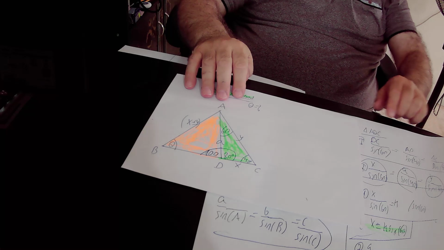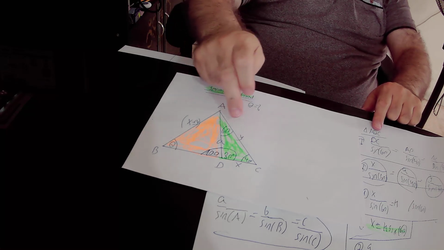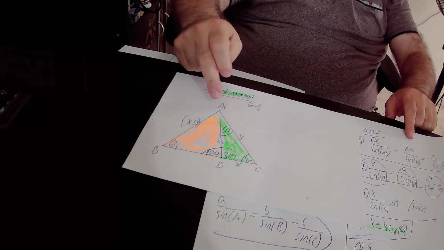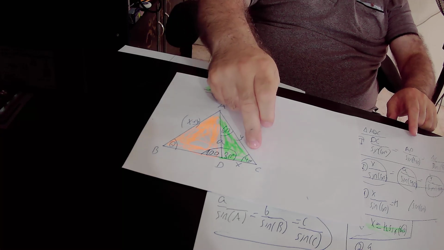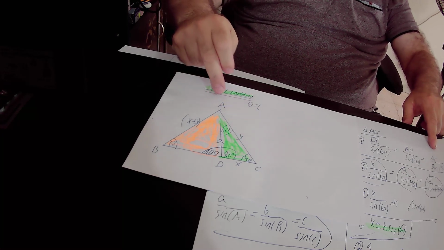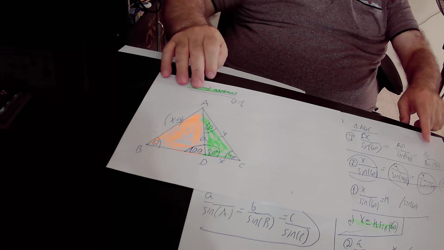According to the law of sines, we get that DC over sine 60 degrees equals DA over sine 40 degrees, and it is equal to AC over sine 80 degrees.